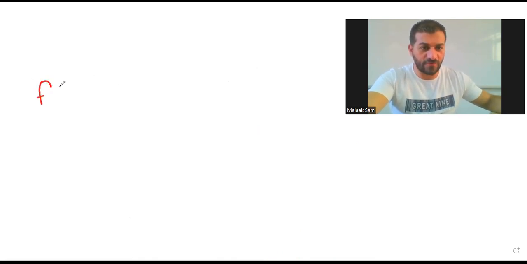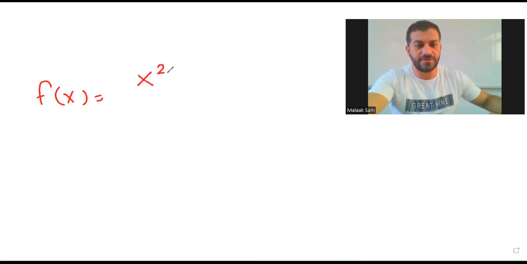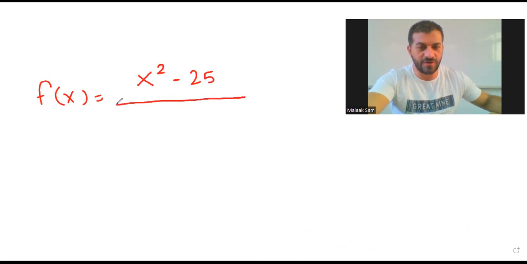What if I have f of x equals, let's say, x squared minus 25 over the square root of 36 minus x squared. I don't have any problem in x squared minus 25 because x squared minus 25 is written up in the numerator.